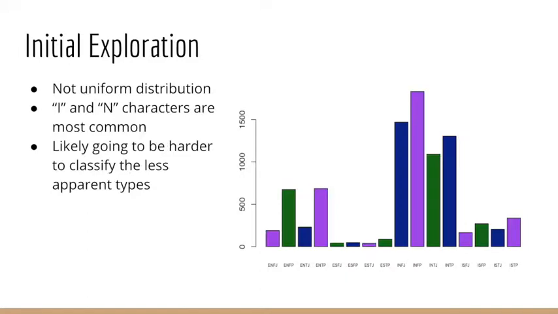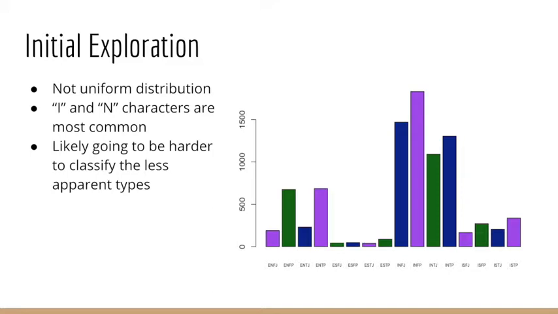So, the initial exploration with this data. Initially all I had were the type and the posts, so there was not much I could see from there. But I decided to make a bar graph of the frequency of all the types. If you look at the graph, it's definitely not a uniform distribution. There are a lot more introvert personality types than extrovert, and the N personality type, the intuitive leaning, is also a lot more prevalent.